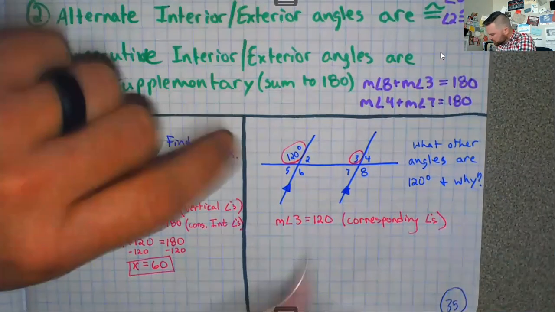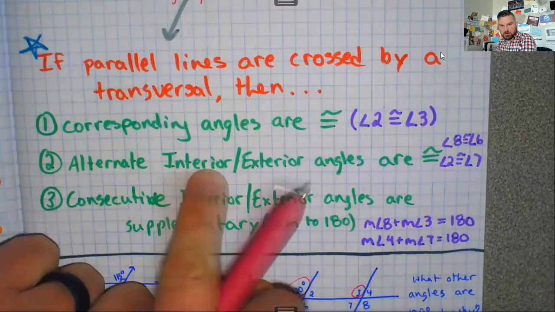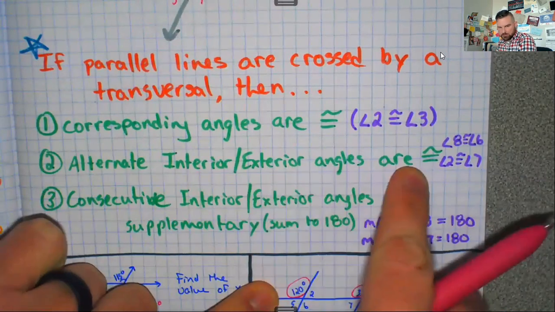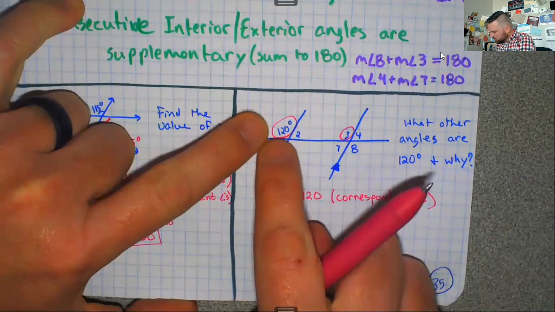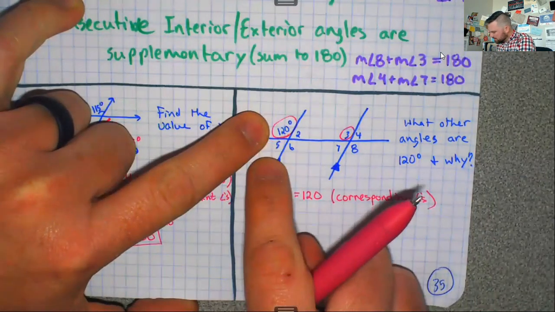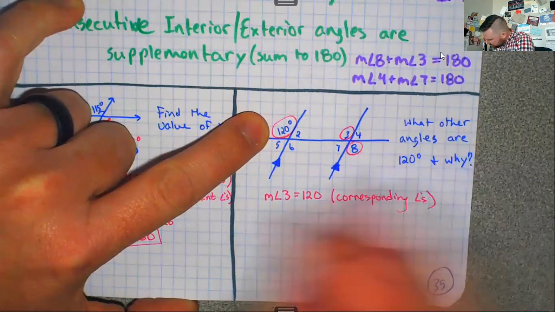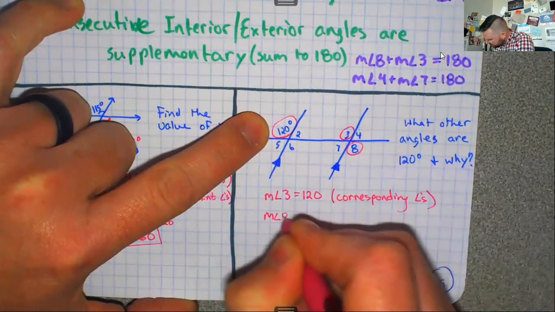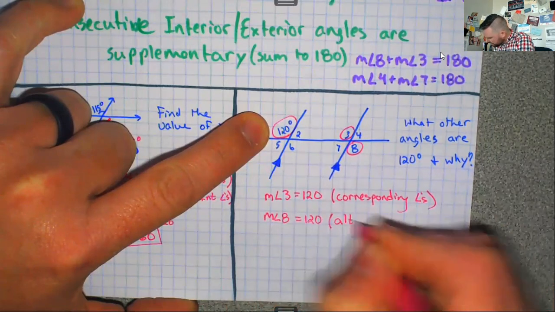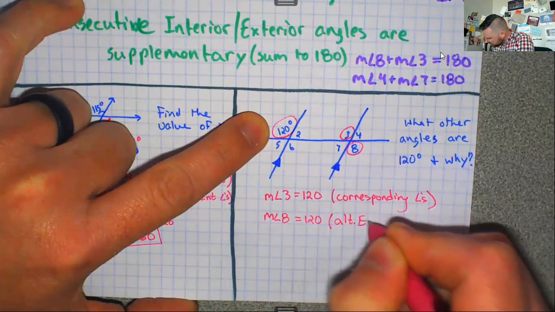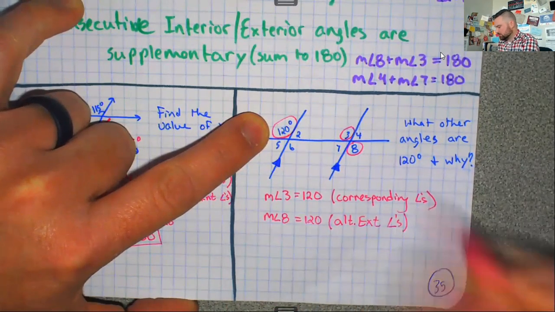Now if I go back to 120, I know that alternate interior and exterior angles are congruent. Well, 120 is on the outside, so we can go from 120 to alternate exterior angle 8. So the measure of angle 8 equals 120 because they are alternate exterior angles. Those two are congruent.